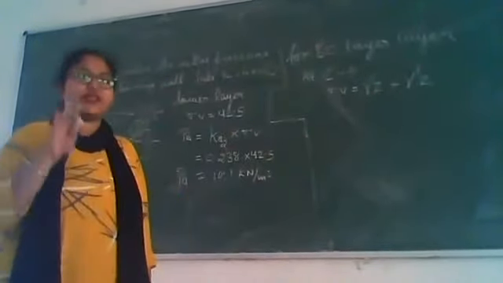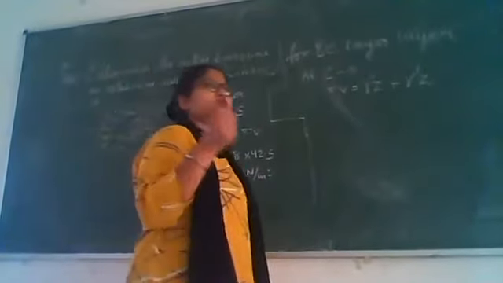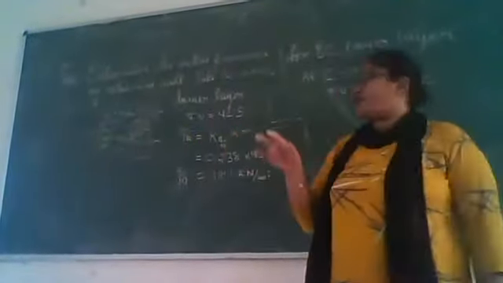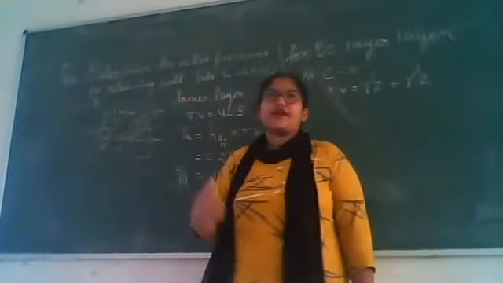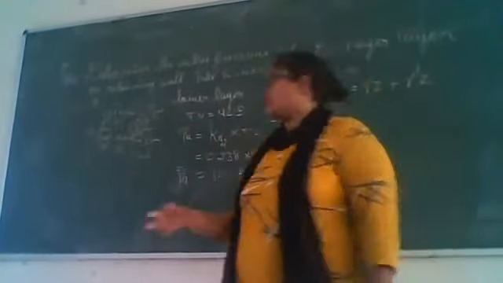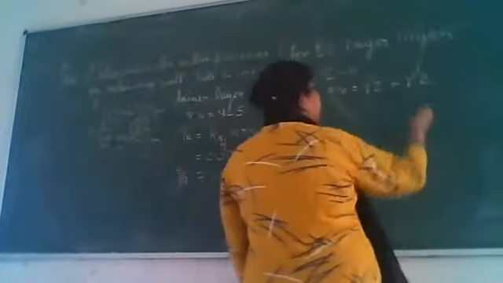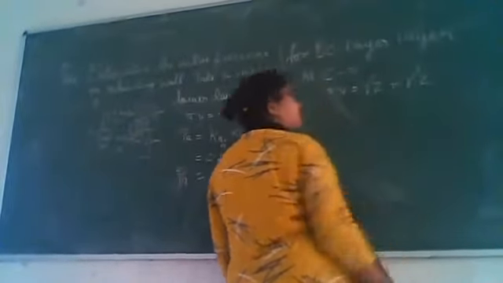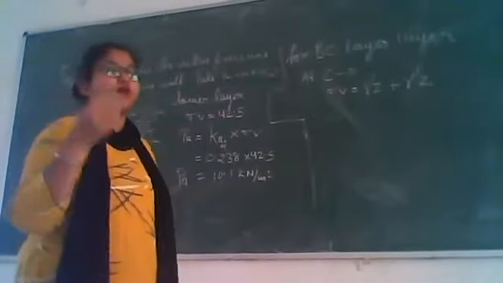Because our soil is submerged. What is submerged? My soil is full of water. The voids and pores of the soil are filled by water. That's why I am using this gamma dash, which represents the submerged value.